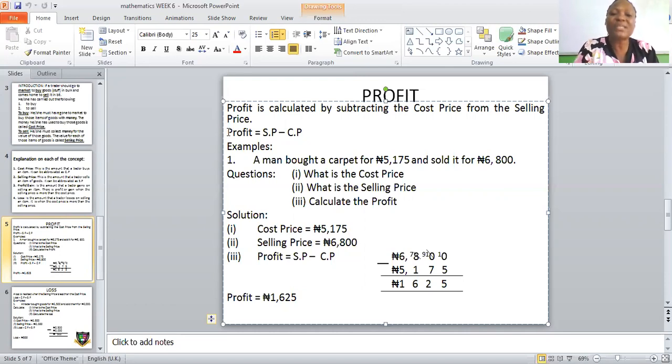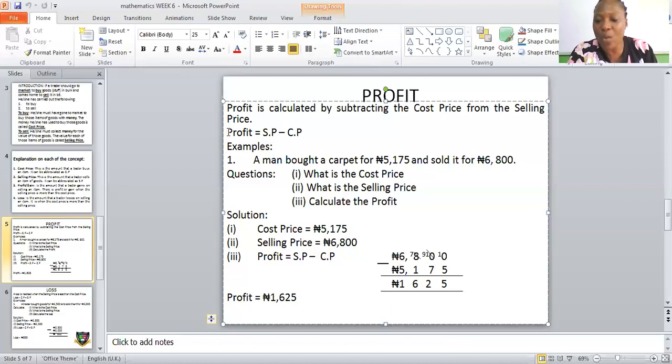The profit is equal to selling price minus cost price. Our selling price is 6,800 naira, while our cost price is 5,175 naira. Now let's do takeaway.